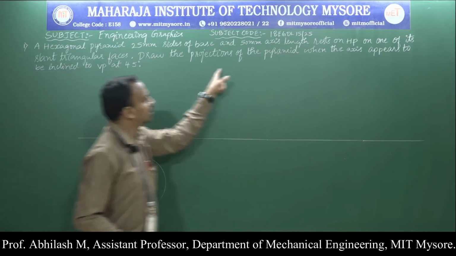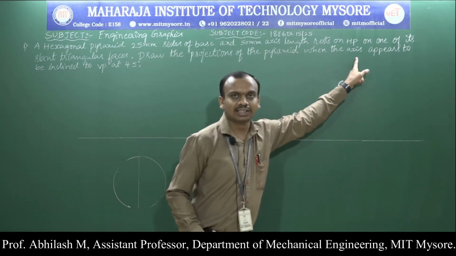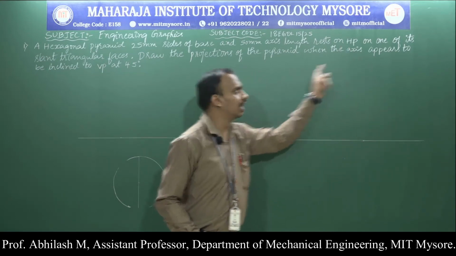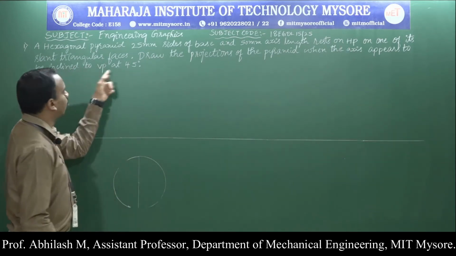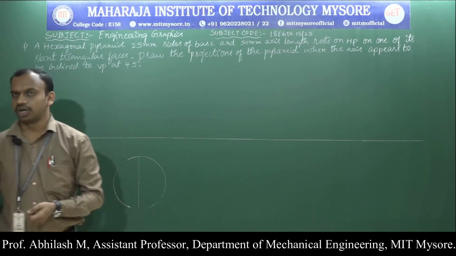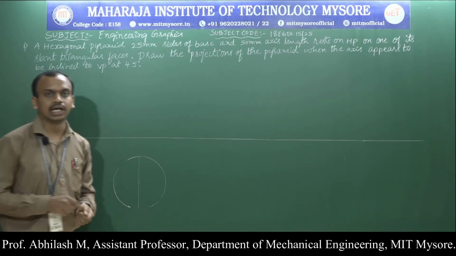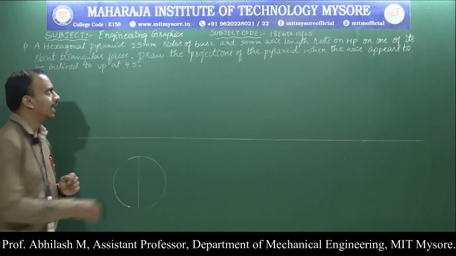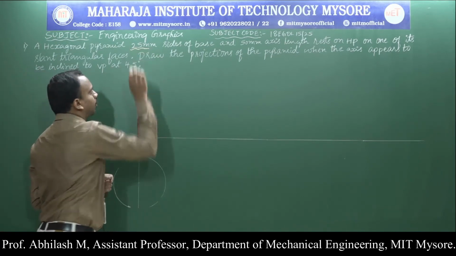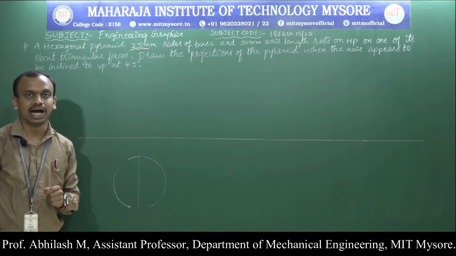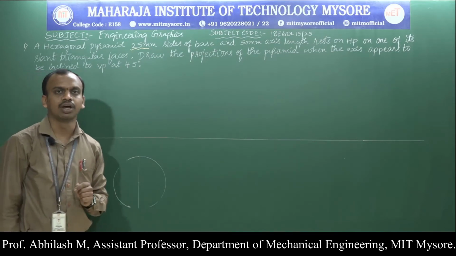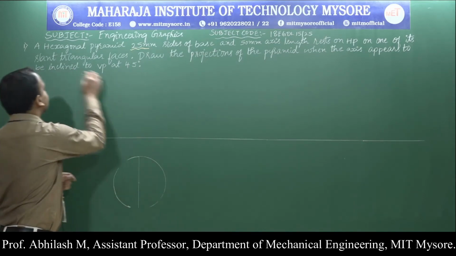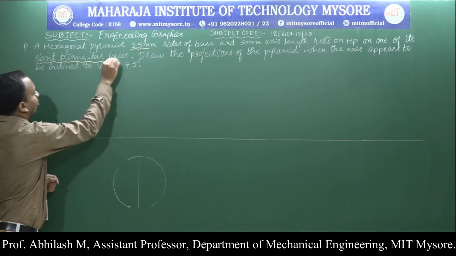So draw the projections of the pyramid when the axis appears to be inclined to VP at an angle of 45 degrees. So there are 2 to 3 important terms that we should note down. One is that each base side is 25 millimeter and it is resting on HP on one of its slant triangular faces.